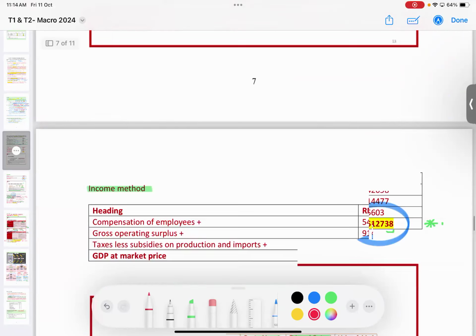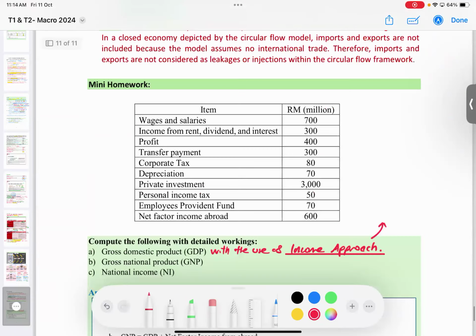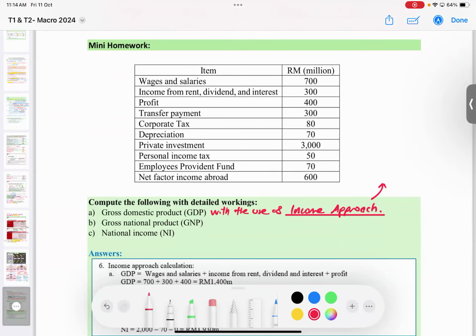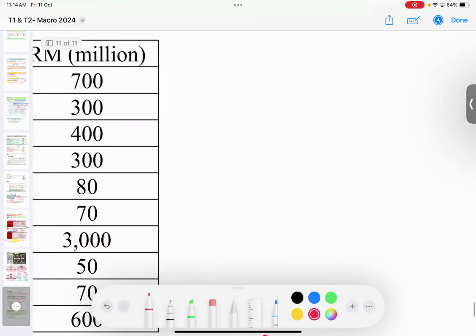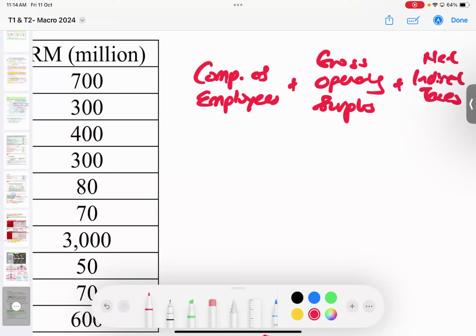Yeah, so you just calculate lah. So we just use the compensation of employees. Let me write here: plus gross operating surplus plus net indirect taxes.